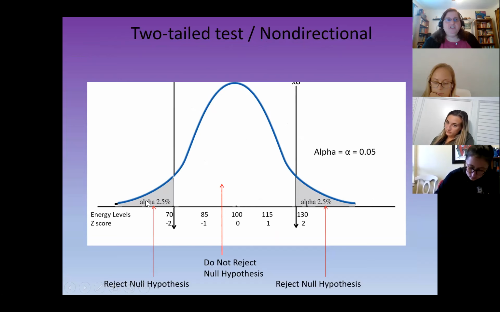If you fall down here in this range, you get to reject. If you fall in the middle is the only place you don't get to reject. Now you probably are thinking, I bet there's a cost for this, and you're right, there is a cost for this. The cost is now, as opposed to hitting that 1.64 or negative 1.64 mark, you've got to get beyond 1.96 or lower than negative 1.96.